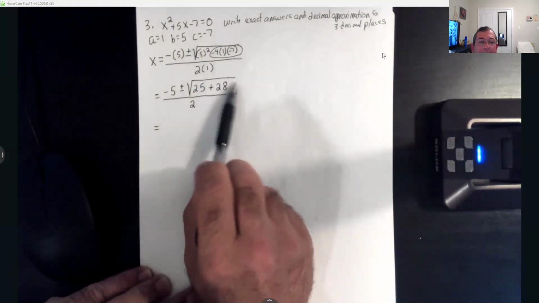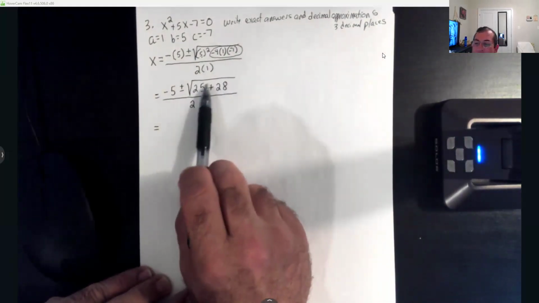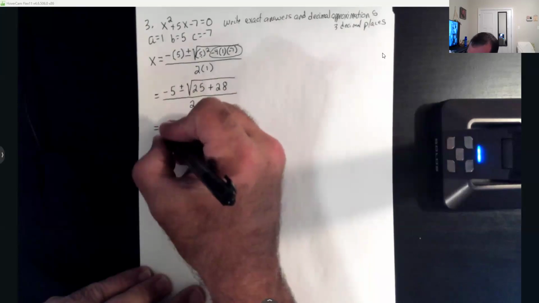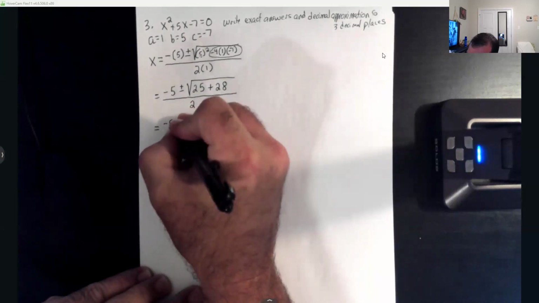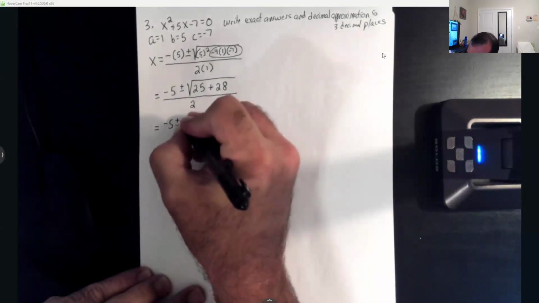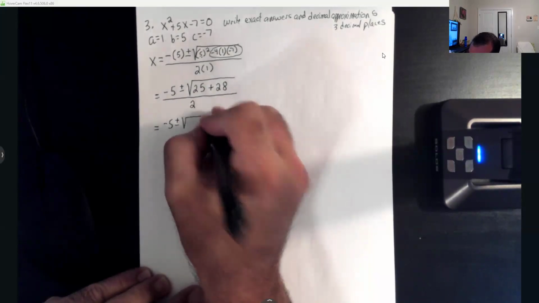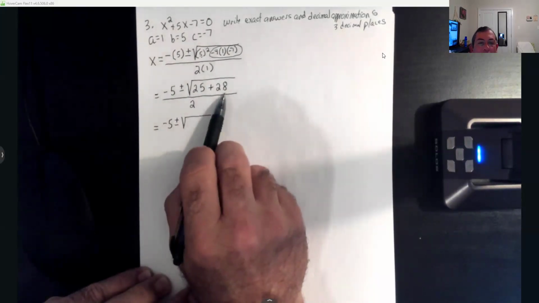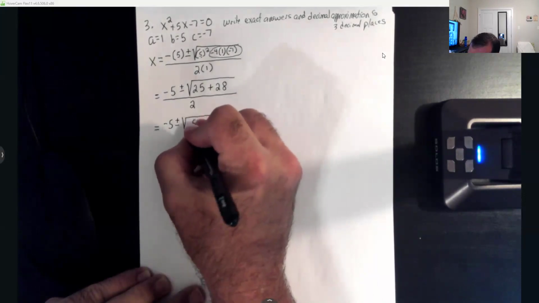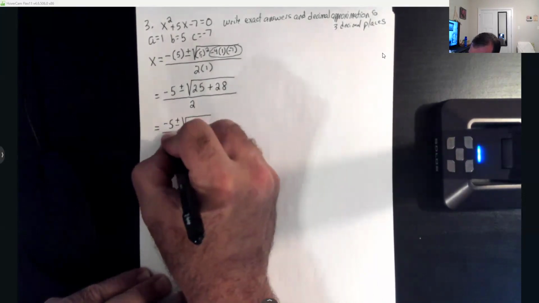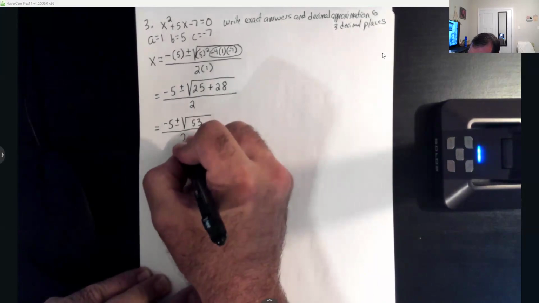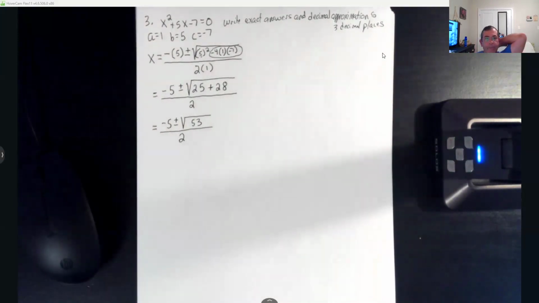All right, so the last step I can do right now is add 25 and 28 together. So I got my -5 plus or minus square root 25 and 28 give me 53. And y'all, all of that over a 2.